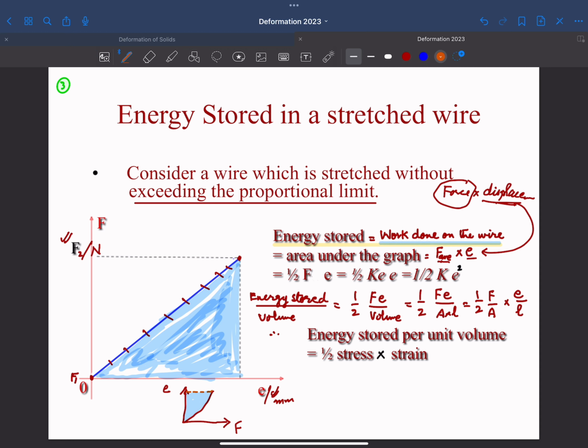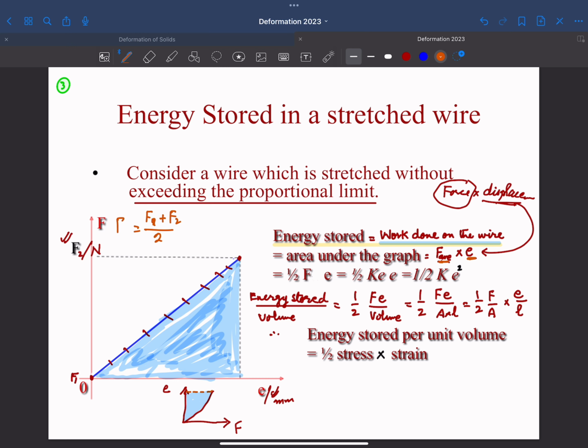So how are you calculating this work done? Area under the graph. Mathematically, you are doing average force multiplied by extension. And how are you calculating the average force? Average force is nothing but (F1 plus F2) divided by 2.